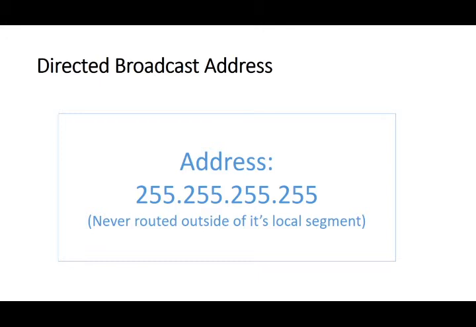We would transmit the packet to the destination, and any of the hosts on that network would be able to reply. This is an address that is never routed outside of the local segment.